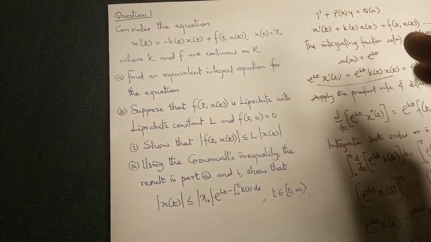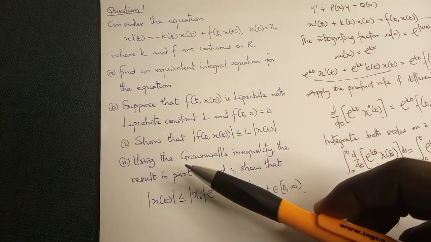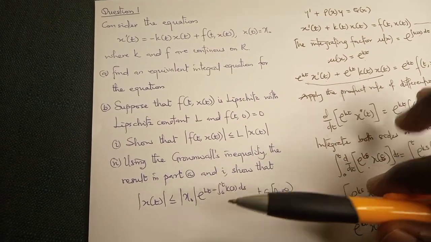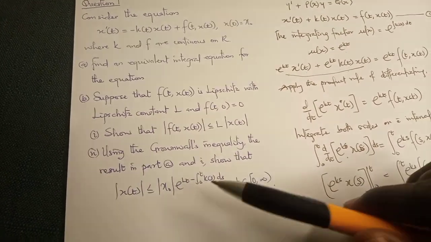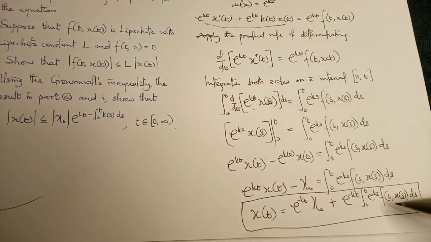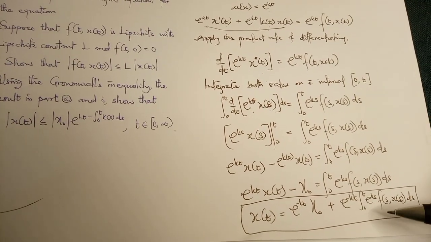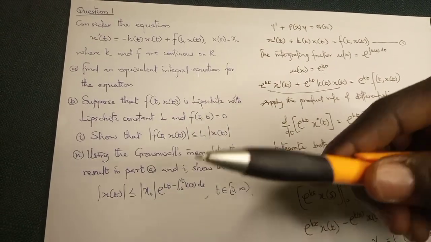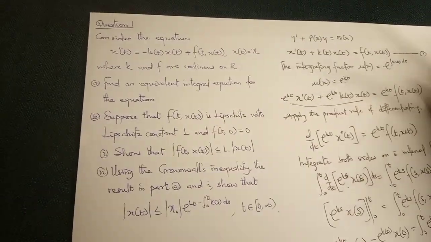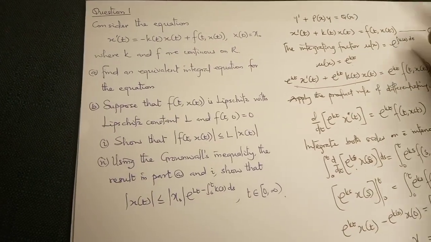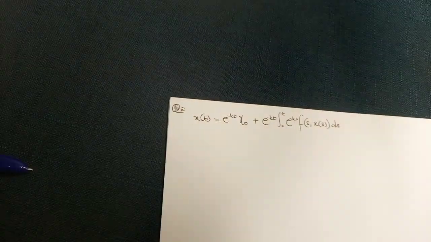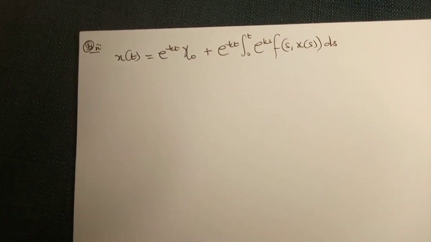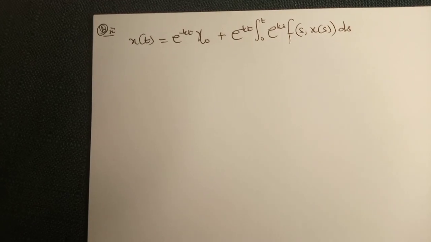All right, for the second part, you are supposed to show that Gronwall's inequality satisfies this result here, using the result in part A, the first one we got, which I have already copied, and also the Lipschitz condition that we've had. So first, what you do is apply the Lipschitz condition.